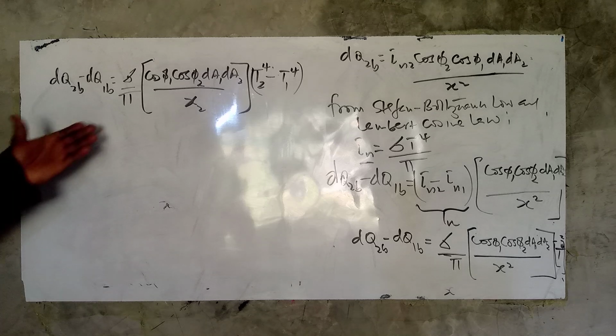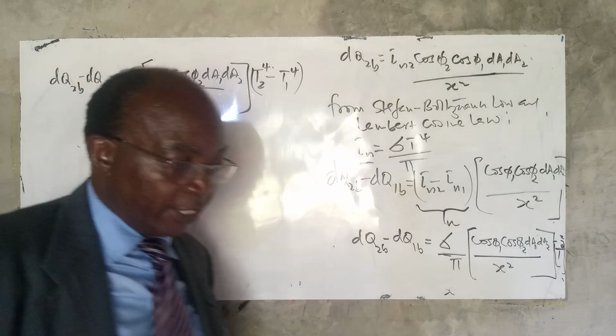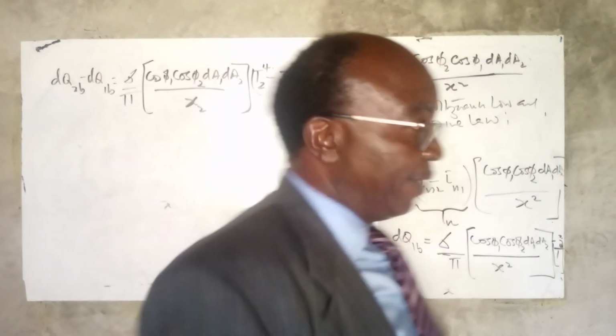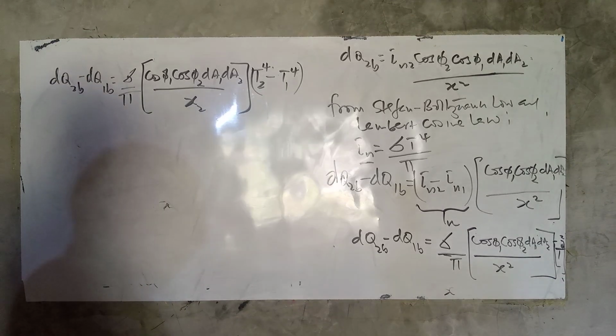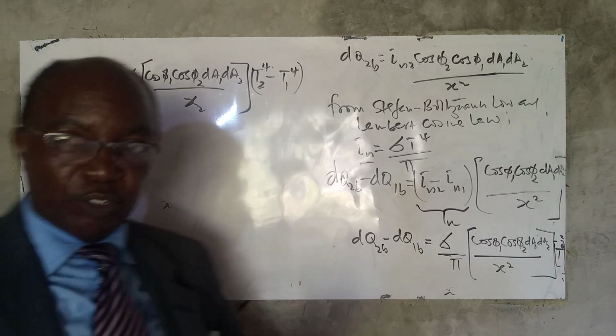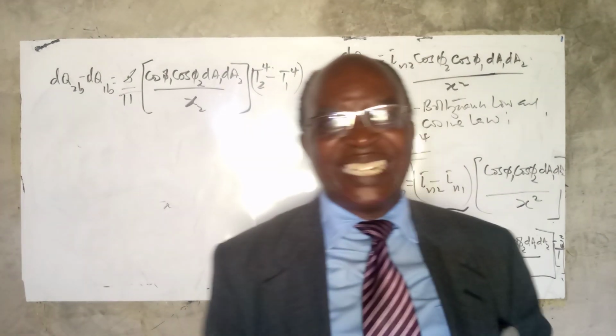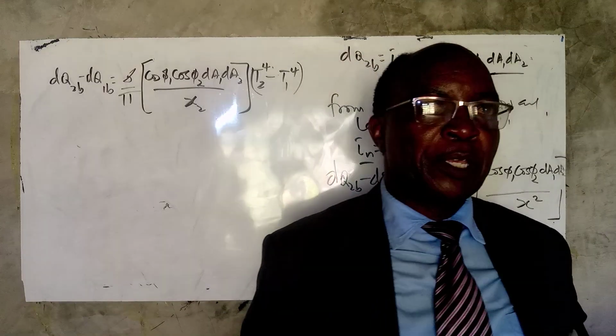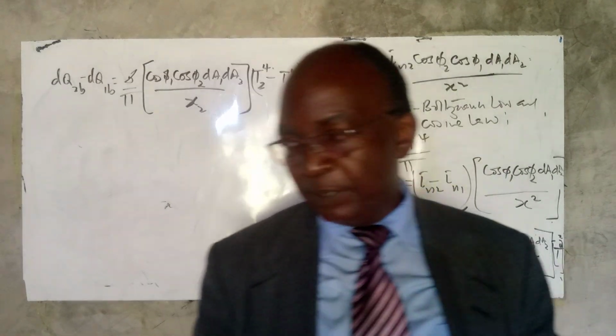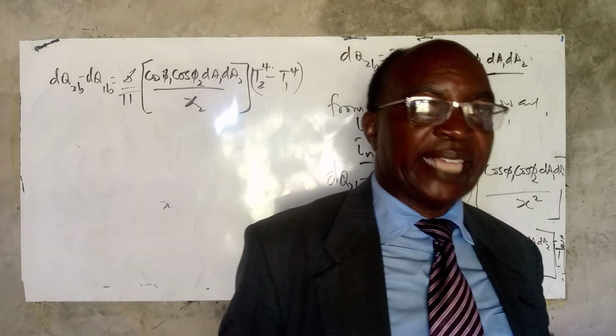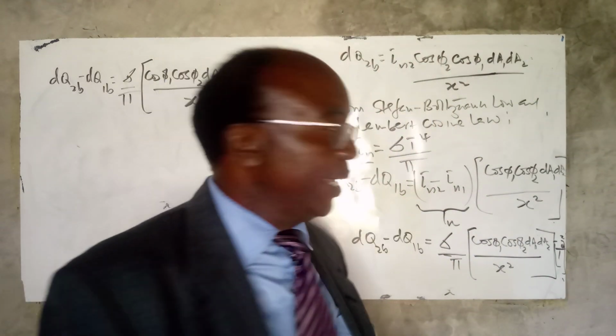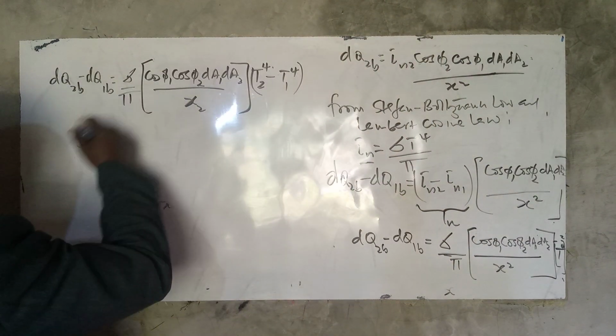Now, you have to do double integration for this quantity to solve some of these values here. But you can choose the simple way. If we assume that the elemental areas are very small, they are flat, the distance between them, that is x, is reasonably big, then we can do some approximations.